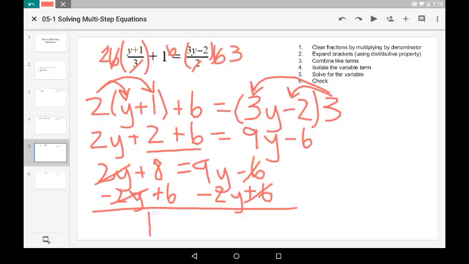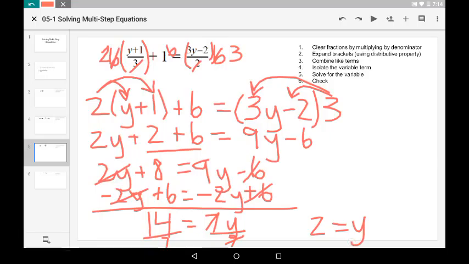So 8 plus 6 is 14. The 6's over here cancel out, so we're just left with 9y minus 2y, so that equals 7y. We can divide both sides by 7, and we're left with 2 is equal to y, or y equals 2.